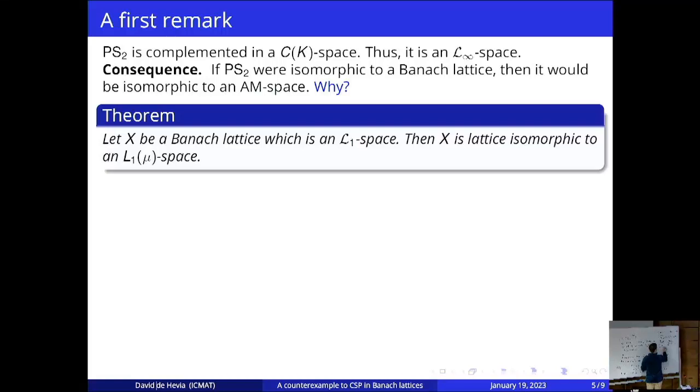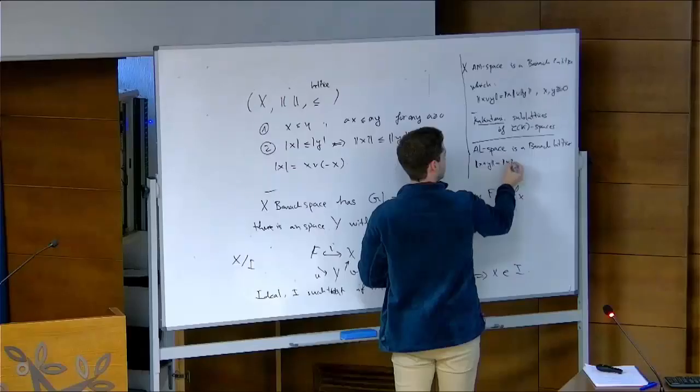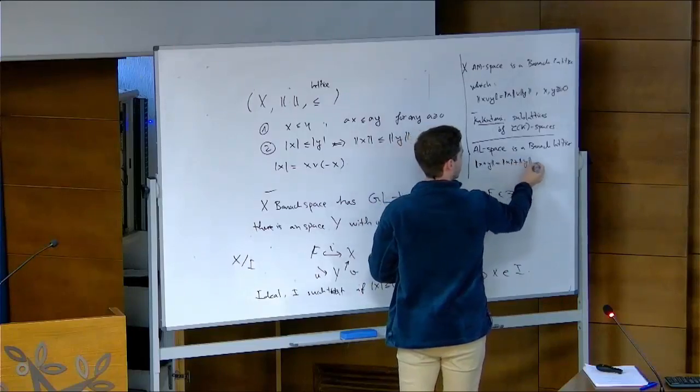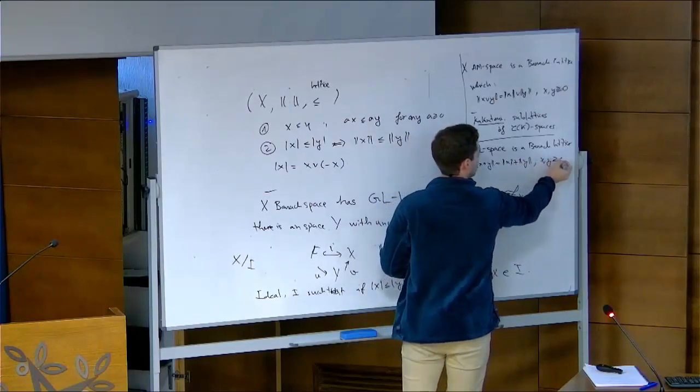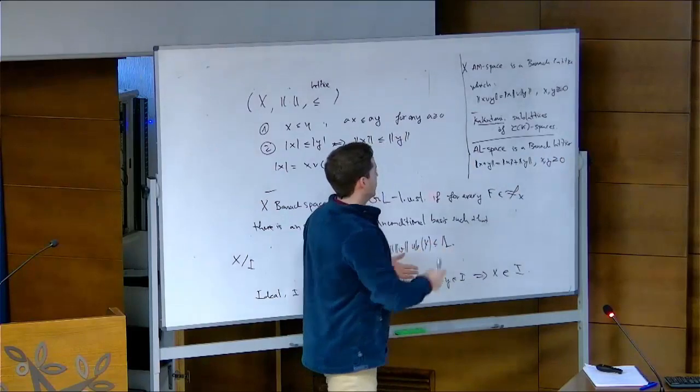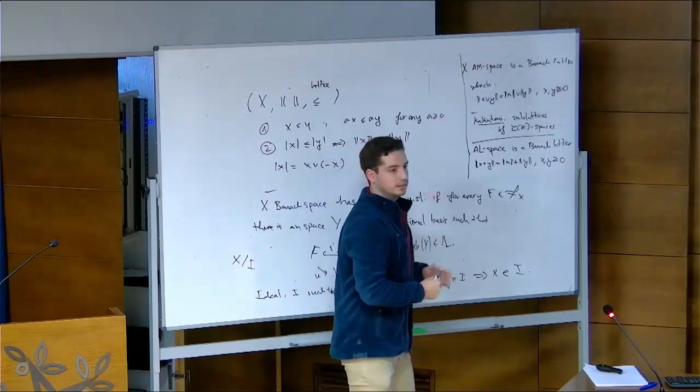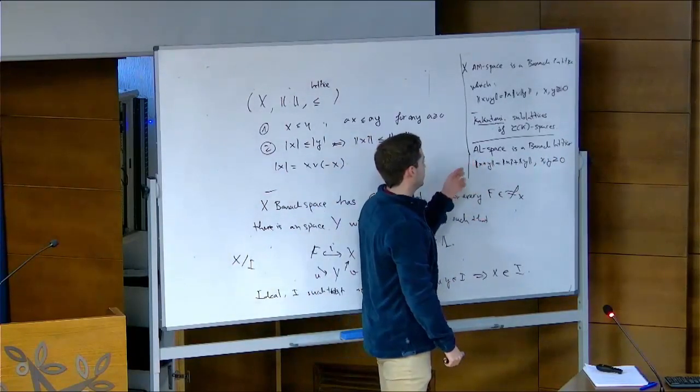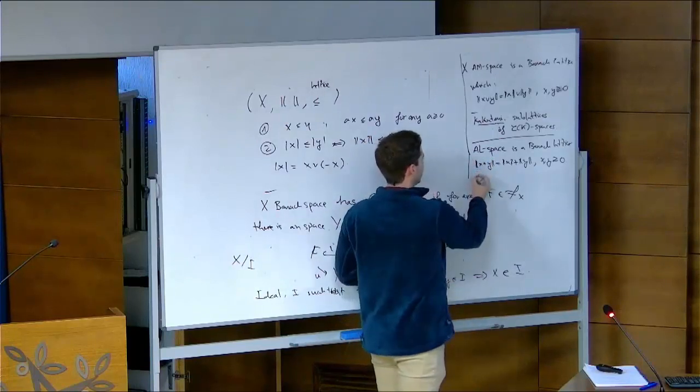Abstract L spaces are Banach lattices which have this property: the norm is additive. This is an abstract L space property.